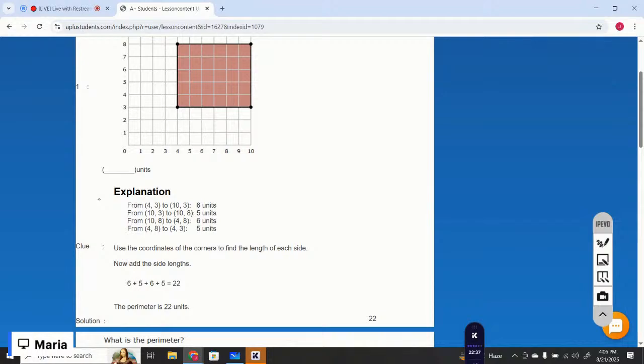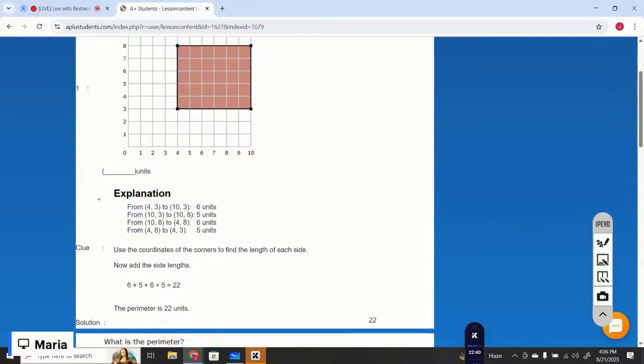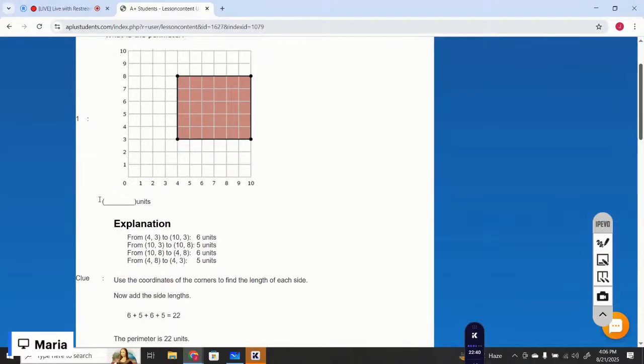You can find the coordinates using the points, or you can calculate the side lengths by simply counting the squares, right? That is 1, 2, 3, 4, 5, 6, and 6, right? Then 5 and 5. For the perimeter, you need to add all the side lengths. So you just have to add them.